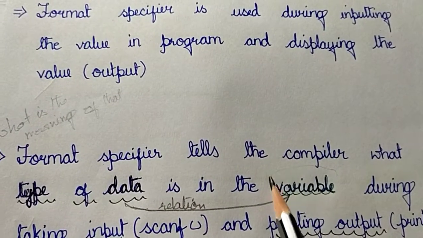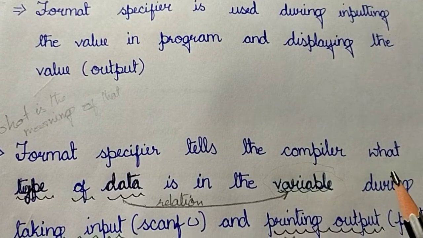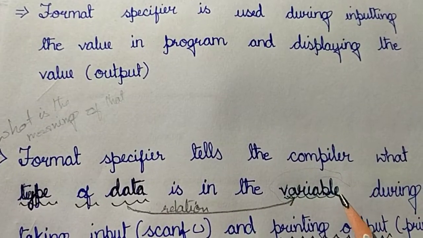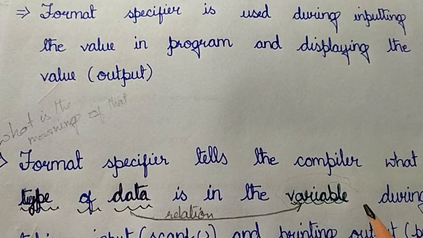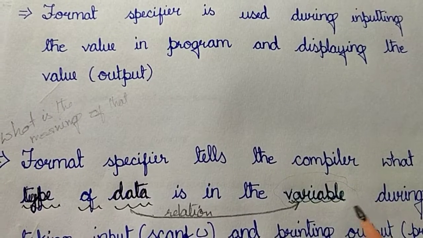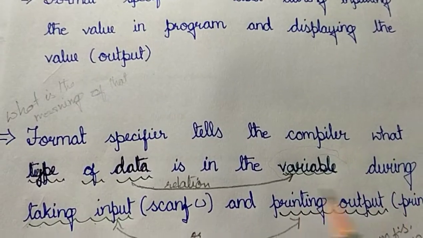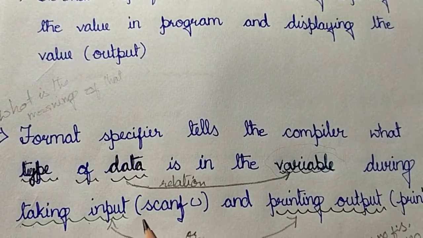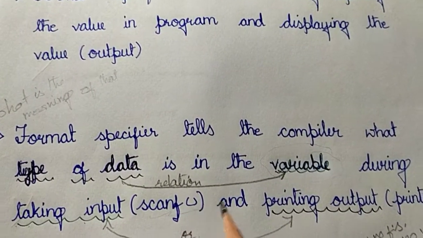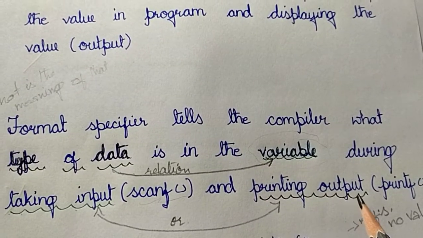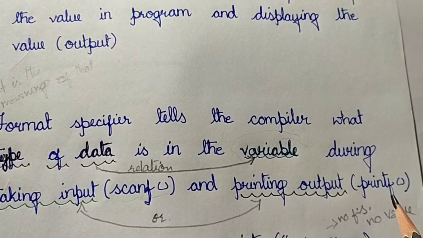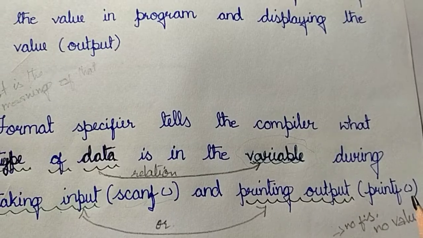Remember, in a particular variable, what type of data you want to put. That means you want to input or display integer data, float data, or character data. This applies during taking input, that is when you use scanf, and when printing out the output using the printf function.